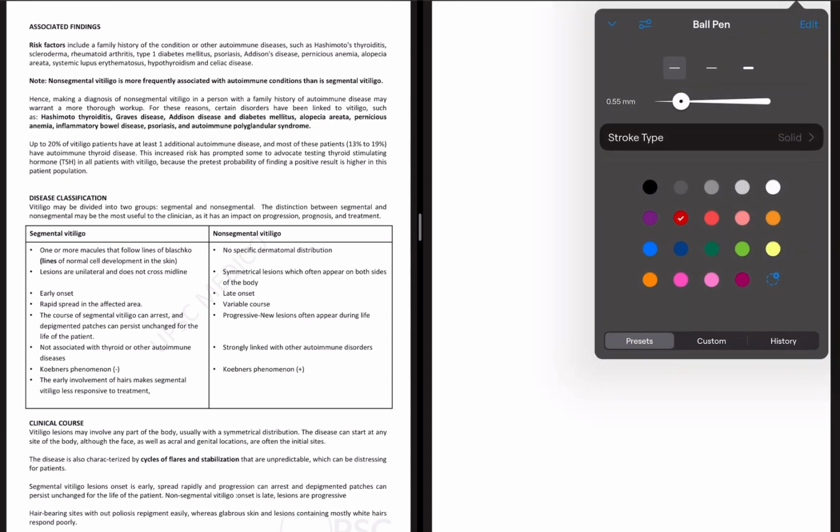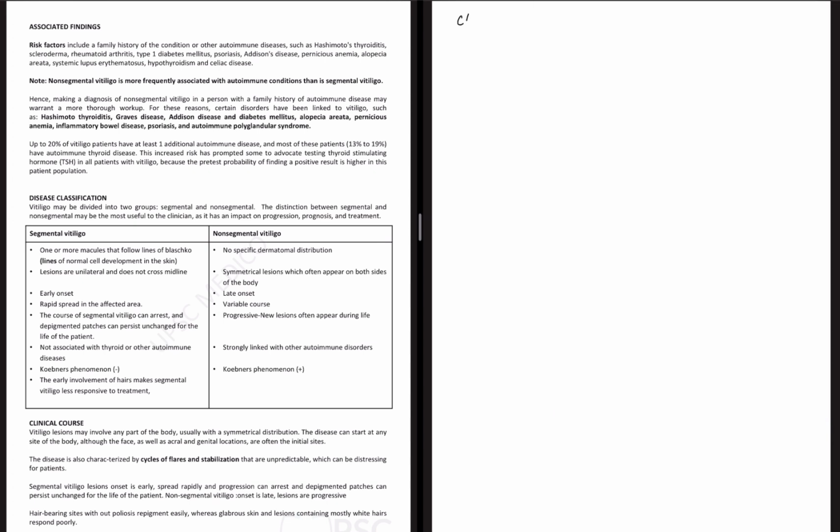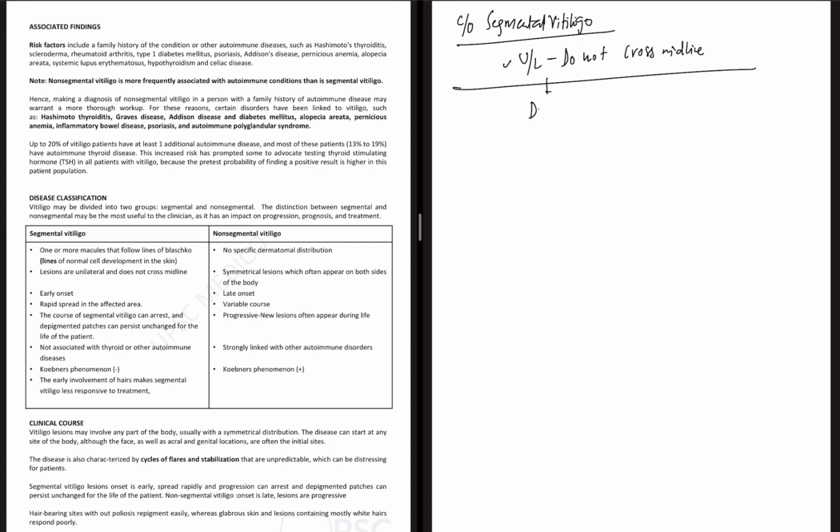That means if you see a case of segmental vitiligo, we have already discussed vitiligo. They are unilateral lesions, do not cross midline. Do not progress, that means they arrest.